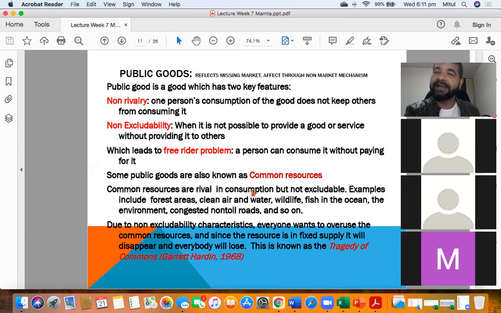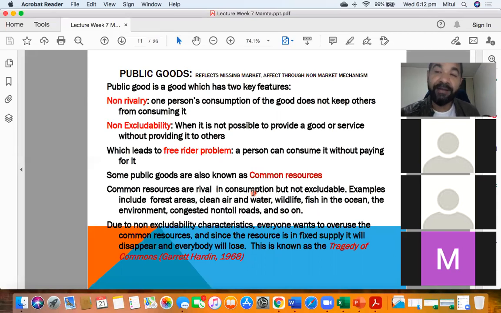Let's say there are 10 pieces of cake on the table, allocated to 10 people. One person comes in and takes one.